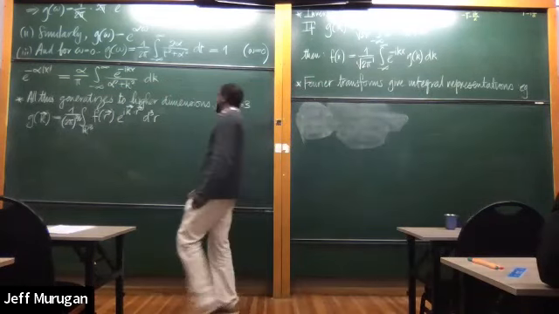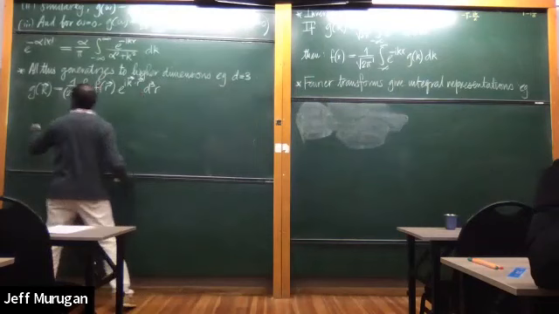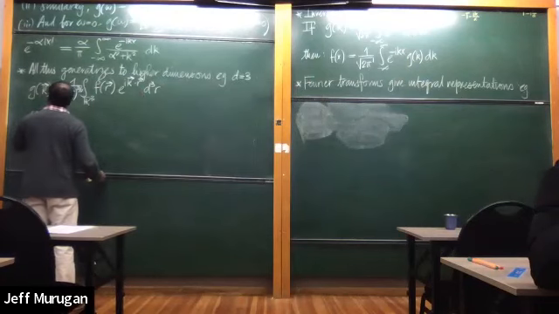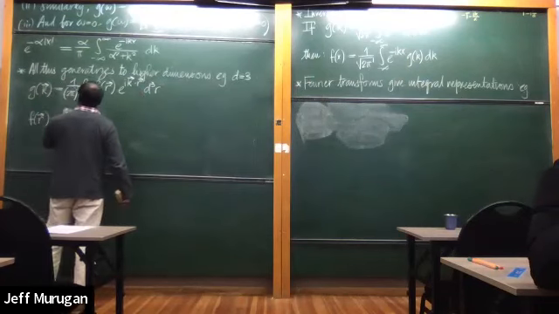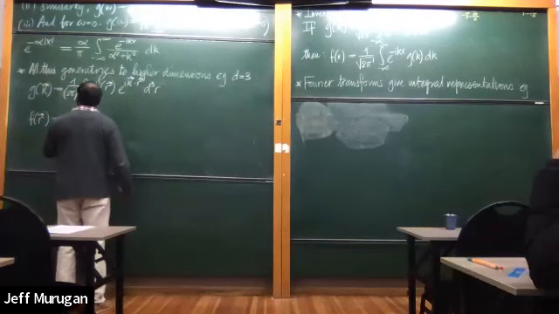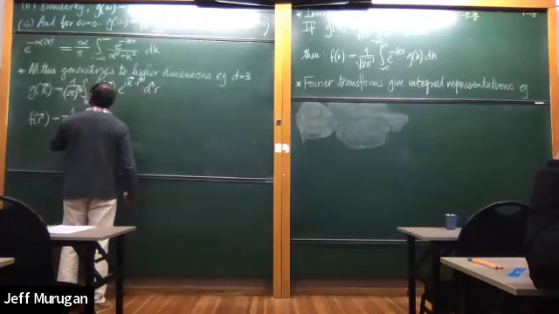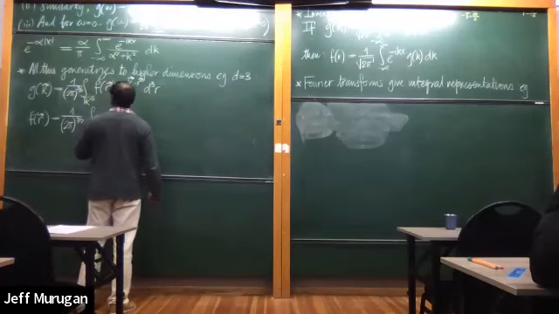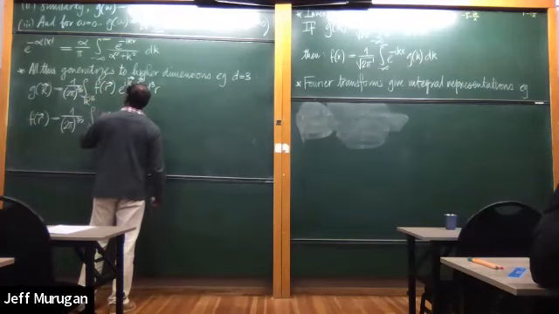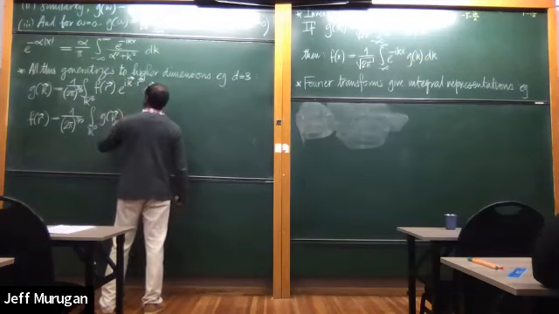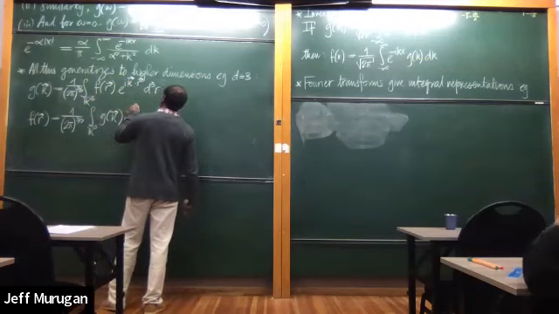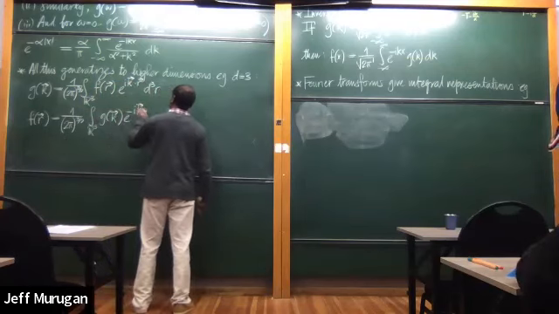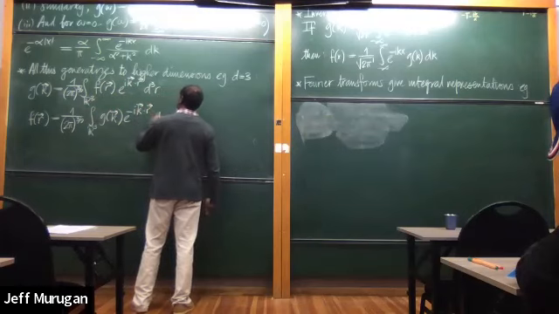Similarly, the inverse f of r in our notation would be 2 pi to the 3 halves, integral over 3 dimensions of g of k e to the minus i k dot r.